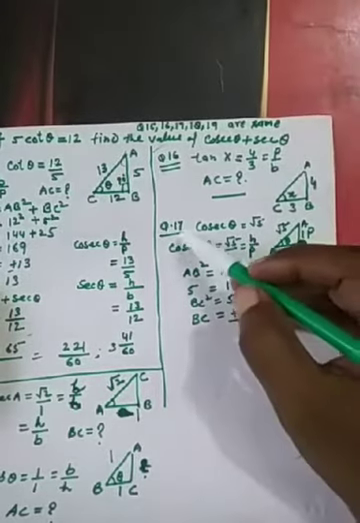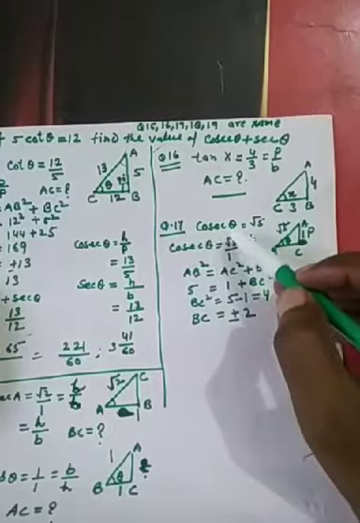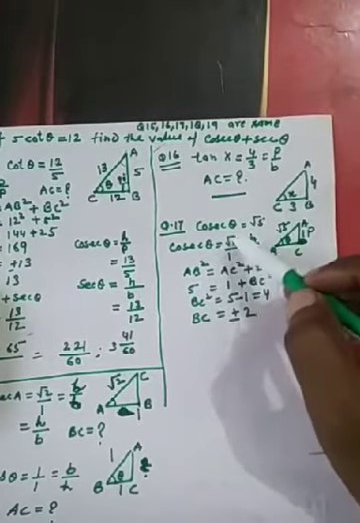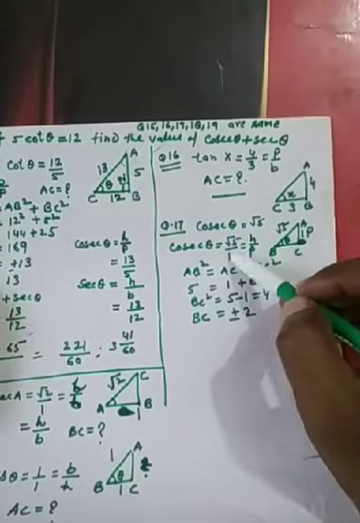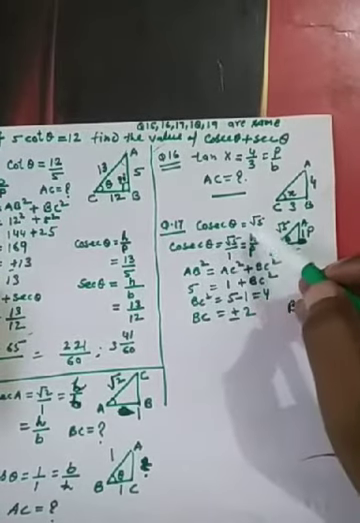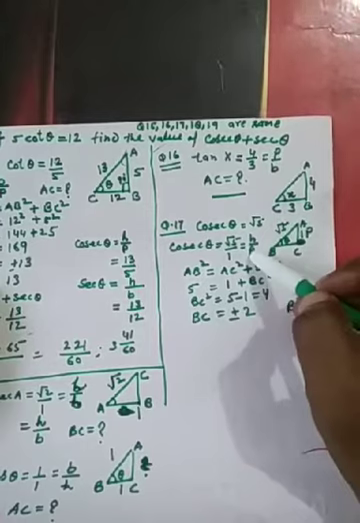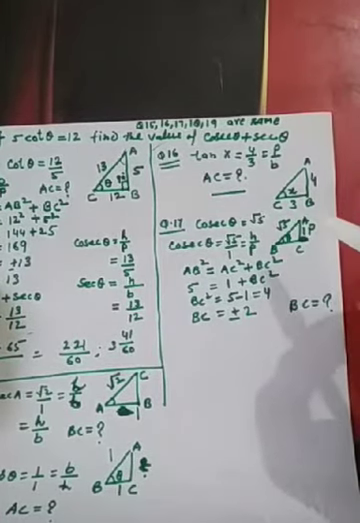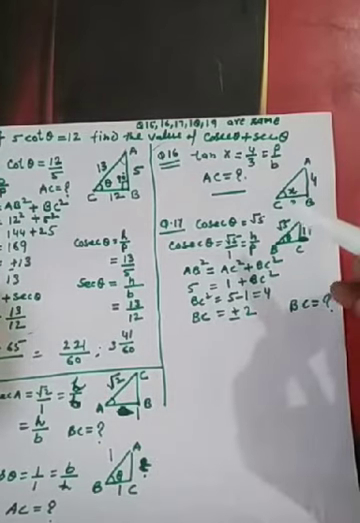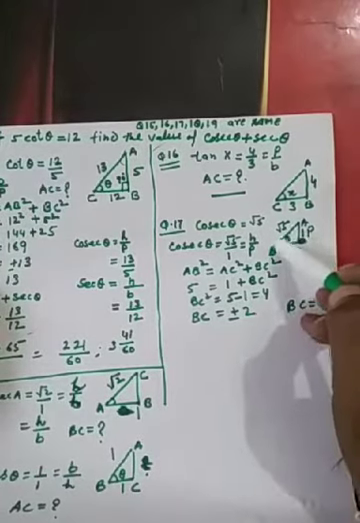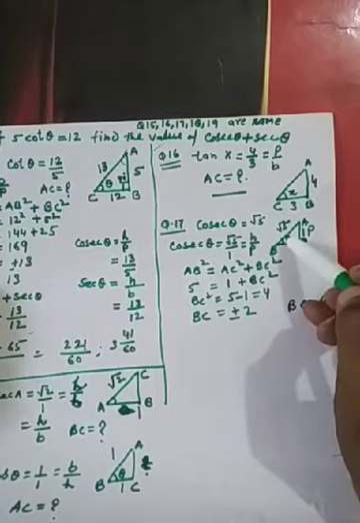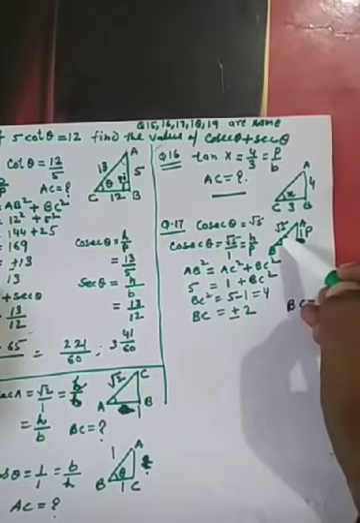In question number 17, what is given? Cosec theta is equal to root 5. Consider it as cosec theta is equal to root 5 upon 1, and cosec theta is equal to hypotenuse upon perpendicular. So what will you do for solving the question? Again I am telling you, a ratio will be given. You have to draw the right angle triangle, then mention the angle which you have to find, here theta.